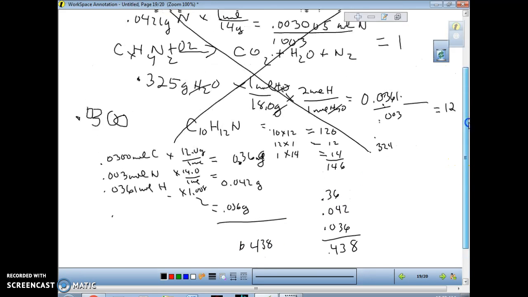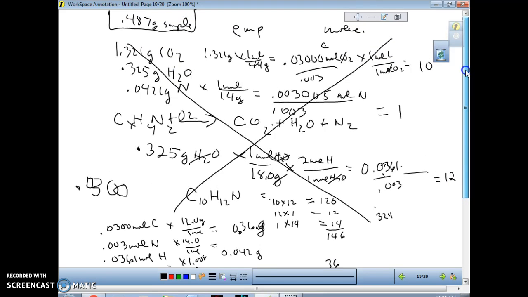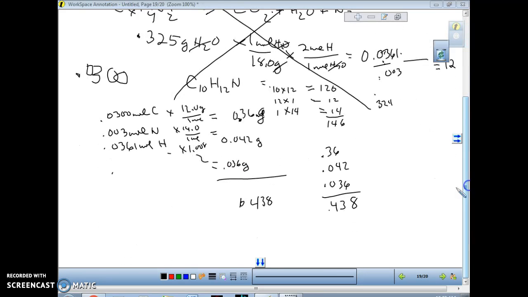So we go back up to the original beginning of the problem, it's 0.487. So 0.487 minus 0.438 is 0.049 grams. That must be oxygen.